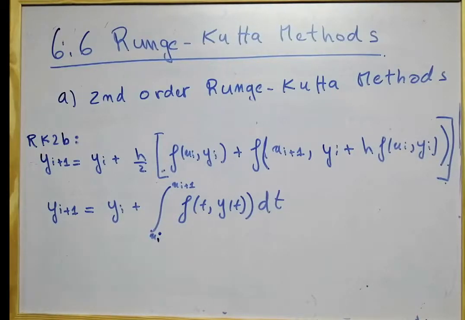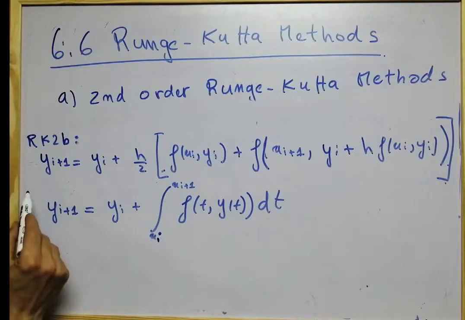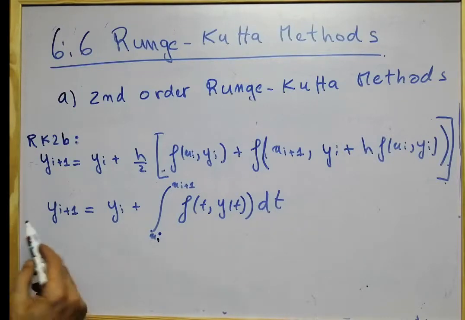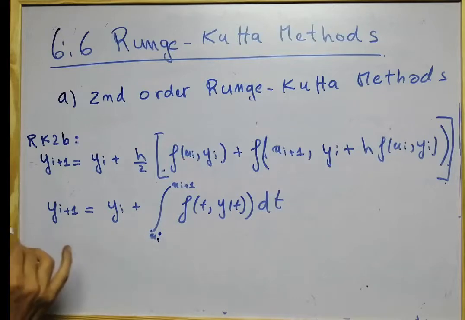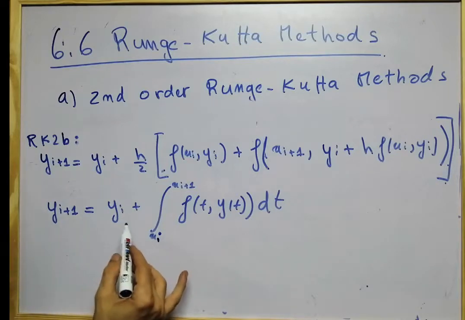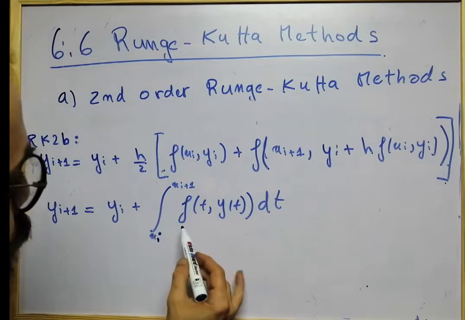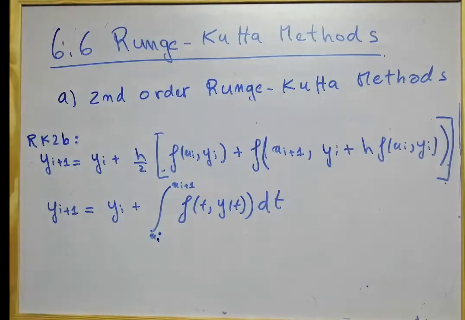Now we are going to see how to derive the RK2B. Okay, so this is the expression for the RK2B. Now if we want to derive this expression, we will start from the same starting point. y i plus 1 equals y i plus the integral from x i till x i plus 1 of f of t, y of t dt.